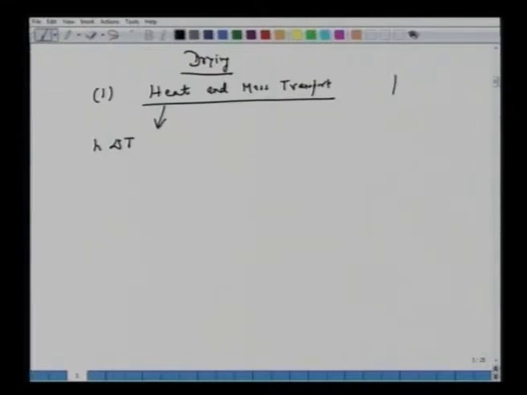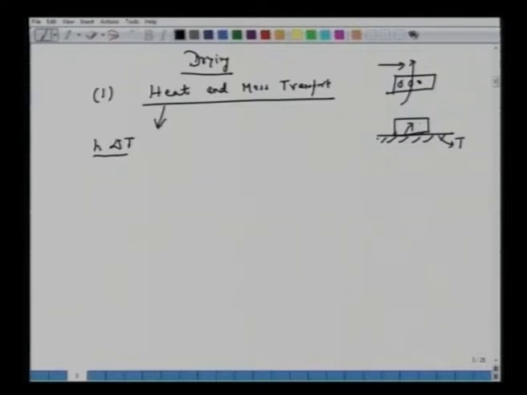So with solids, we blow hot air either over the surface, or we can have hot air blowing through this. So there is h ΔT. We can have microwave heating, or let's say we put a plate on which we place this solid, and this solid is heated to some temperature T. So by conduction, heat will be transported.